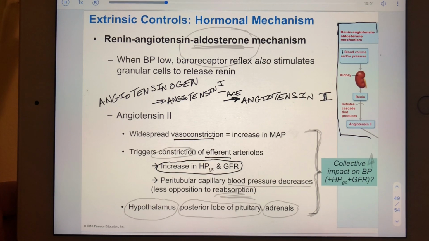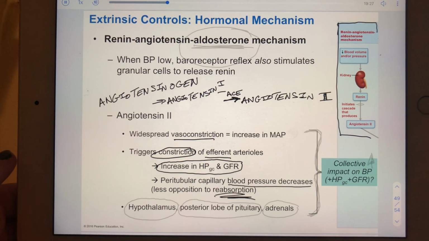Also recall that efferent arterioles feed peritubular capillaries, feed the vasa recta capillaries, and therefore blood pressure is decreased in those capillaries due to that constriction, okay? And that actually facilitates better reabsorption, okay?